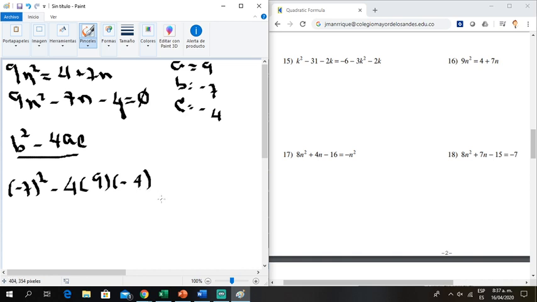Now minus 7 squared is minus 7 times minus 7. In this case, it's 49 positive. Excellent.